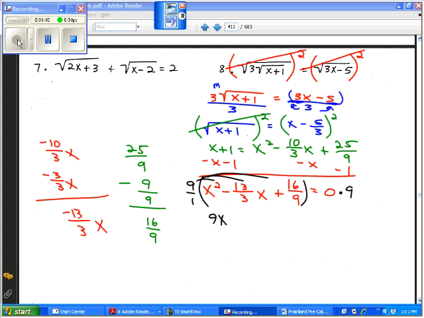And so we're going to have 9x squared, and then 3 goes into 9 3 times, and that 3 times that 13 is the 39, so we have minus the 39x. Everybody say we got that? The 3 on the bottom goes into the 9 3 times, and that 3 times that 13 is a 39. And then this 9 will cancel with this 9, and we'll have a plus 16 equals 0.